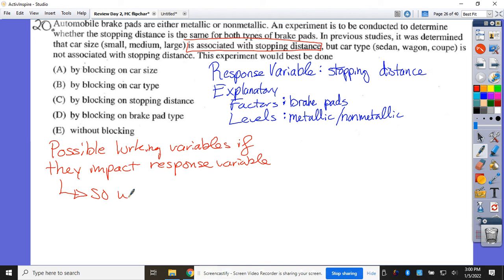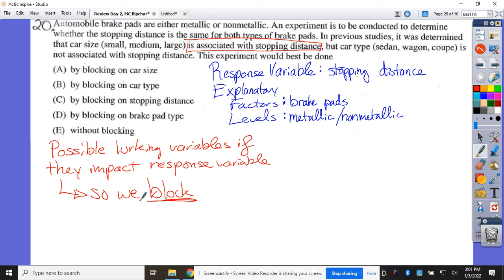So what's this whole problem asking about? There. So we block for that. So is blocking a statistics term? Yes, it is a statistics term, and I'm going to show you how this would be drawn out, and you'll remember what I'm talking about.